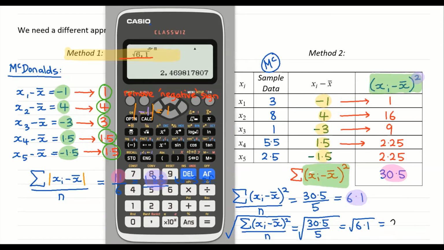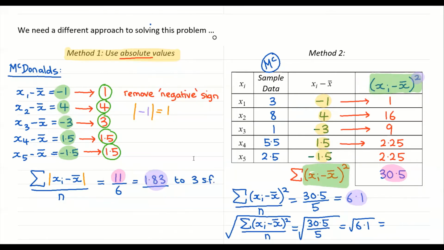So that's 2.45 to 3 significant figures. Now, there's not a massive amount of difference. Both of those numbers would round to 2. So we have a difference of opinion, but the end goal measures roughly the same thing.